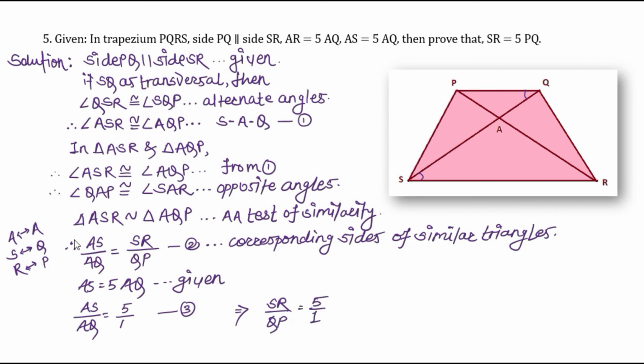Why? Because from equation 2, AS upon AQ is equal to SR upon QP. So if this is equal to 5 by 1, then this is also 5 by 1. And so the reason we can write here is from 2 and 3. And finally we can write SR is equal to 5 times QP, which we had to prove. So this is our answer finally.